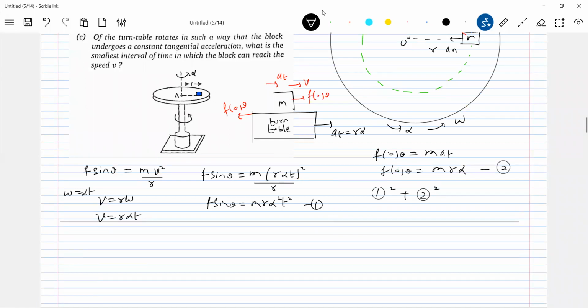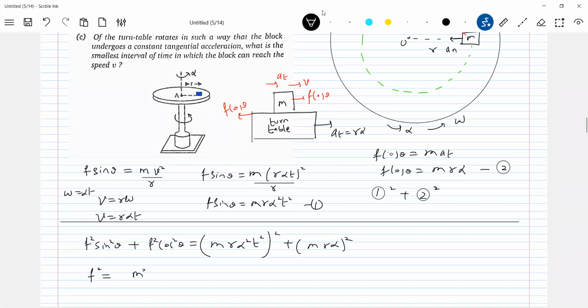So this should be F square sine square theta plus F square cos square theta, so this will become only F square.